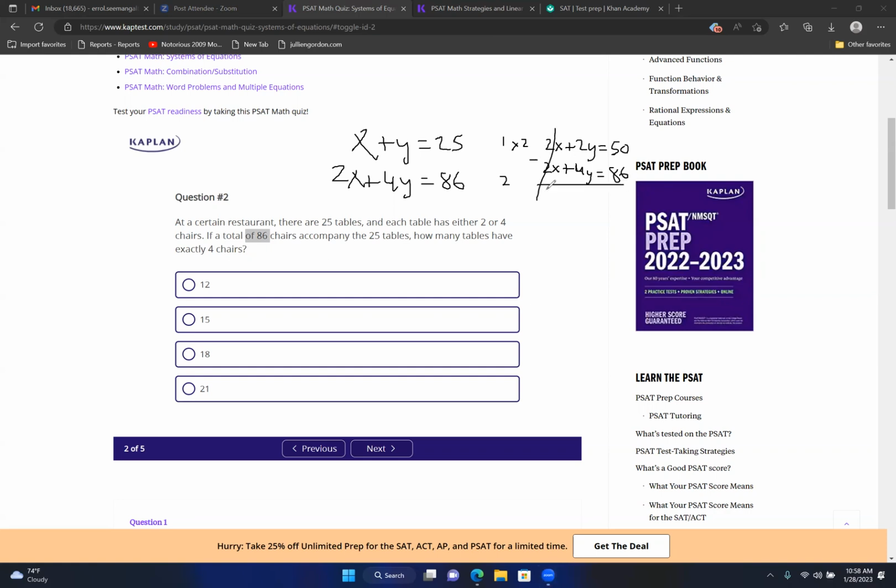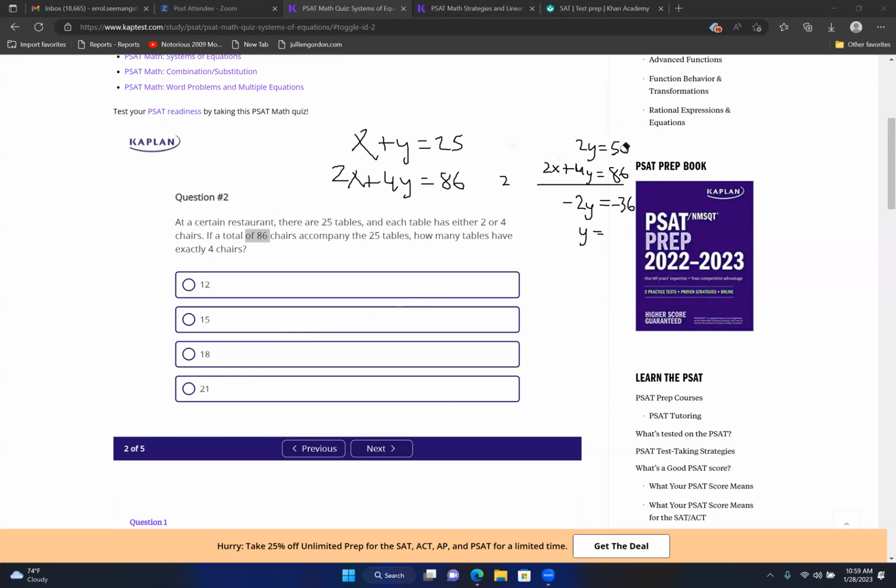The 2x's would cancel. 2y minus 4y is negative 2y. Negative 2y equals 50 minus 86, which is negative 36. So what does y equal? 18, right? Just divide both sides by negative 2. You'll get 18.